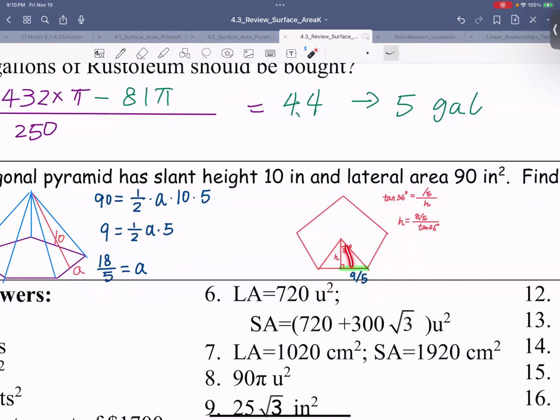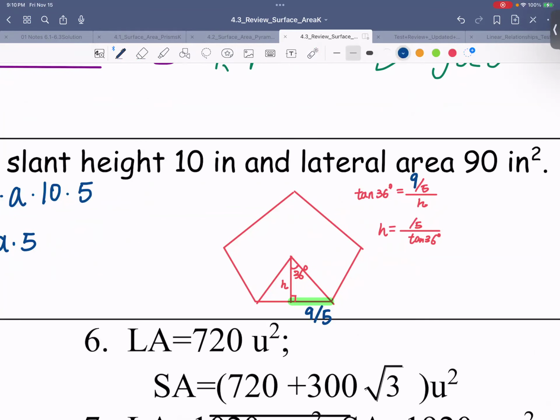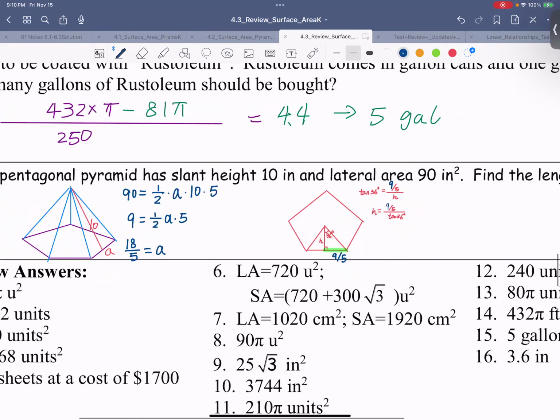Okay? Tangent is opposite over adjacent. So 9 over 5 over h. And the h equals to 9 over 5 divided by tangent 36. Okay? Yes. So we get the h value.